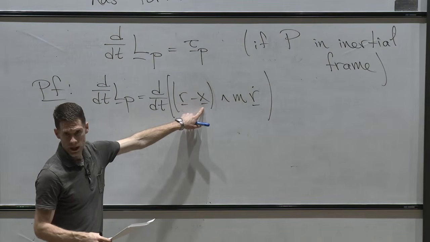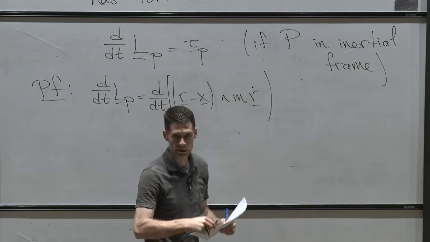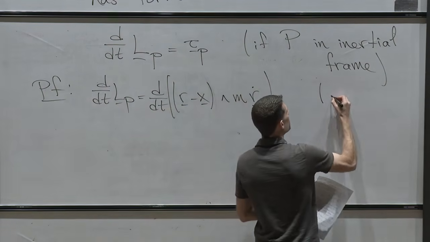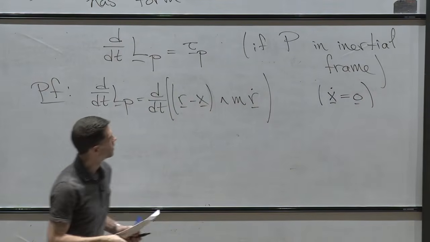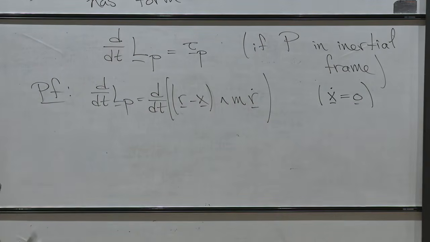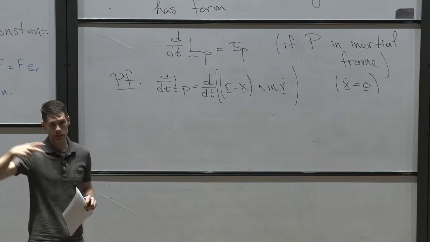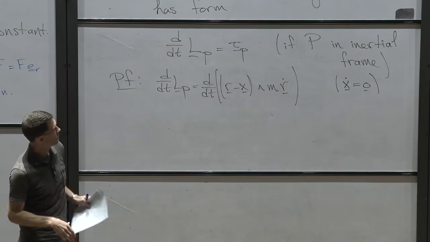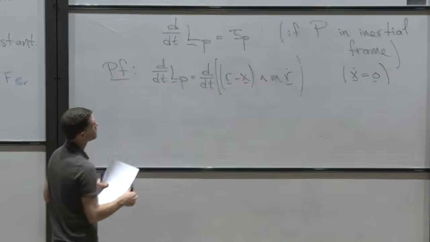Okay, so I said before x could move, but I'm also supposing that P is an inertial frame. That means that x, the position about which I'm measuring torques and moments, is allowed to move, but it's not allowed to accelerate. And if it's not allowed to accelerate, I can just move my coordinate system along with it. So I move my origin to follow that position, and then we take x dot equals 0. So when I take my derivative here, take x to be a constant.